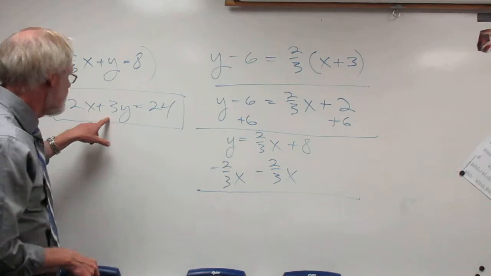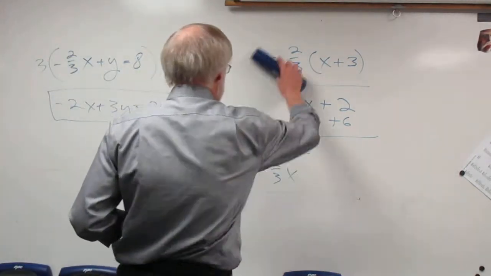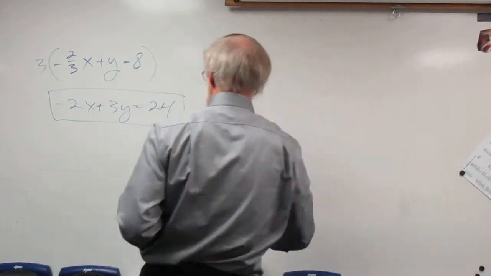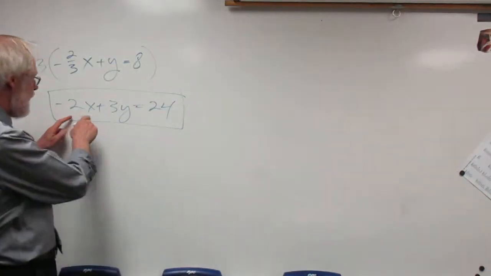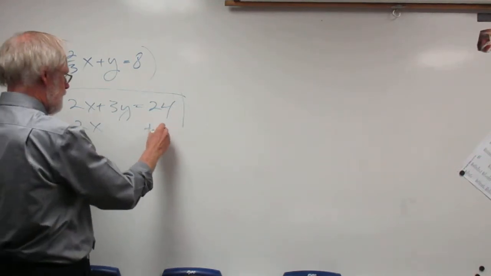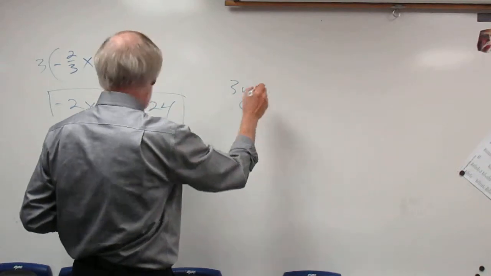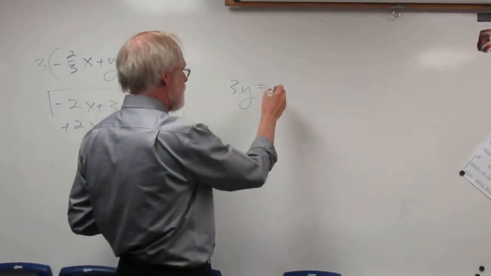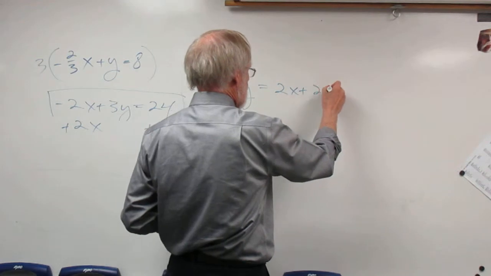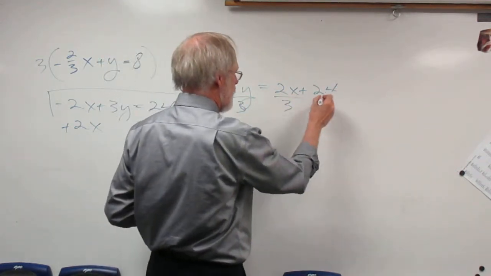You can change this, of course, back into slope-intercept form rather easily. Let's see what would happen. If I add the 2x to both sides, so plus 2x, plus 2x, I get 3y equals 2x plus 24. And now I have to divide everything by 3 because I have to have y by itself.